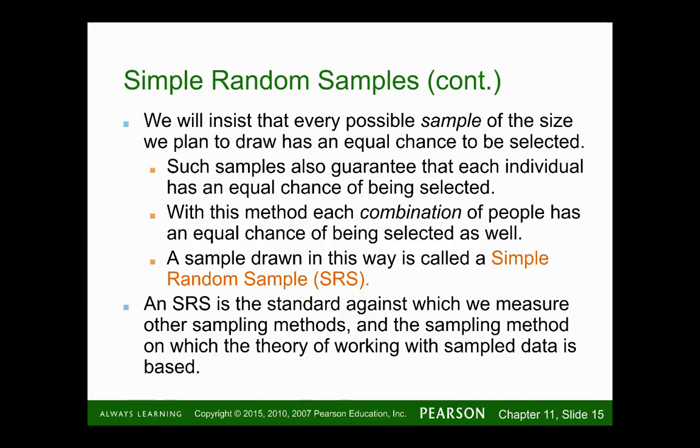If I have the same number of red marbles, green marbles, and blue marbles, I could just randomly do it because I have an equal probability of selecting any color. Okay. The SRS is the standard against which we measure other sampling methods. Okay. So it is the sampling method on which the theory of working with sample data is based.